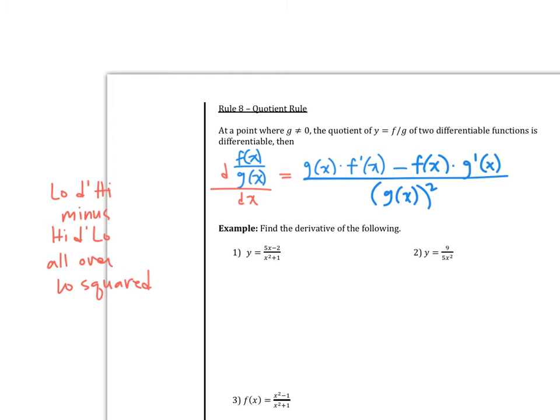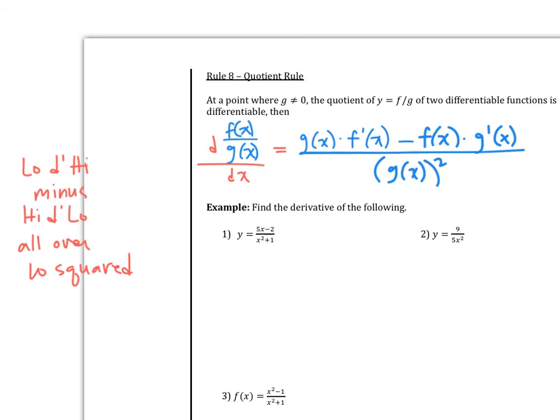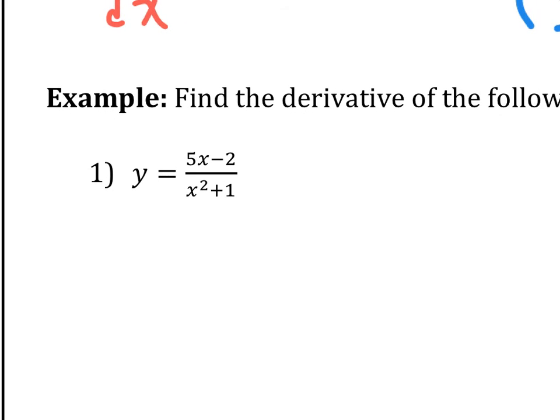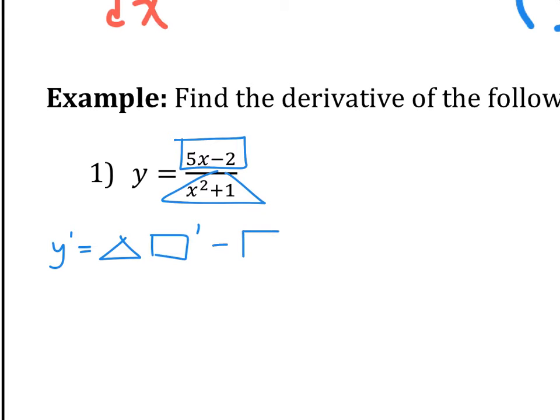All right, let's look at an example. Find the derivative of the following. Number 1, you have a quotient rule, function over function. So the derivative is low d high minus high d low all over low squared.